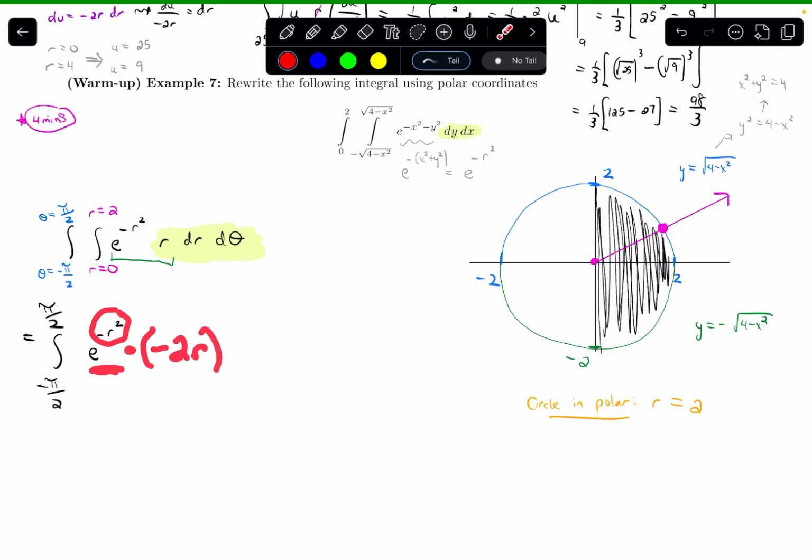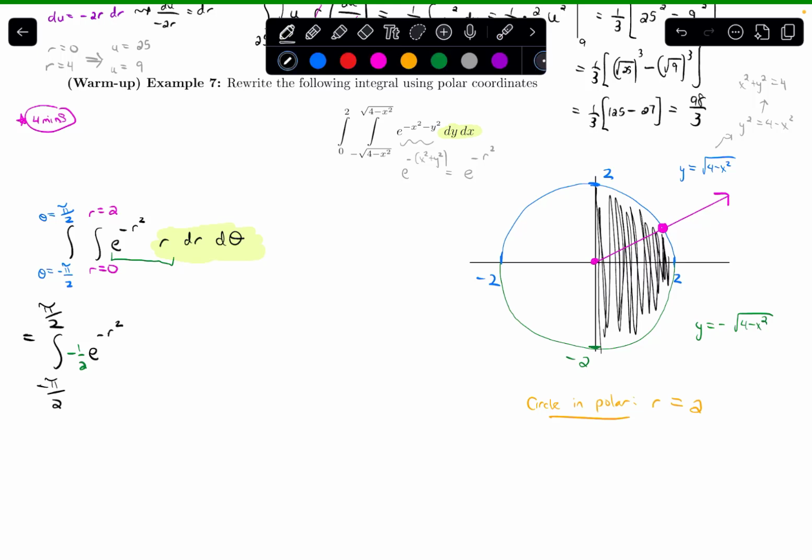But I don't see this extra negative 2 factor in my function up here. So I'm going to need to cancel out that negative 2, and I cancel that out by putting a negative 1/2 in front. Now, if I take the derivative of this, I will get the function that I have here. So I did a little educated guess and check, some trial and error, to get that.